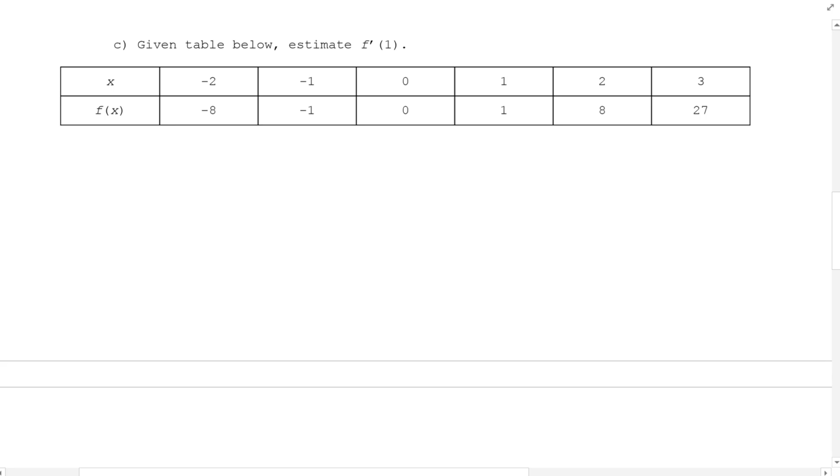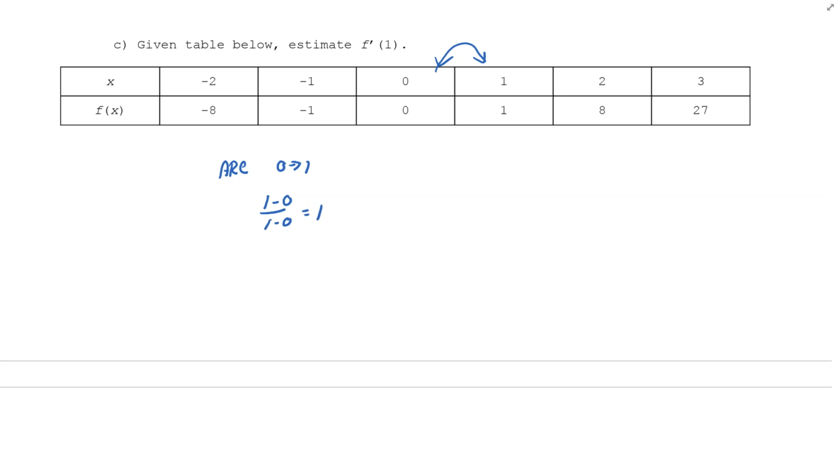So I'm looking for a slope, an average rate of change. So I'm going to find my average rate of change from 0 to 1. So from here to here, take my y minus y1 over my x minus x1, and I have 1 minus 0 over 1 minus 0 gives me 1.